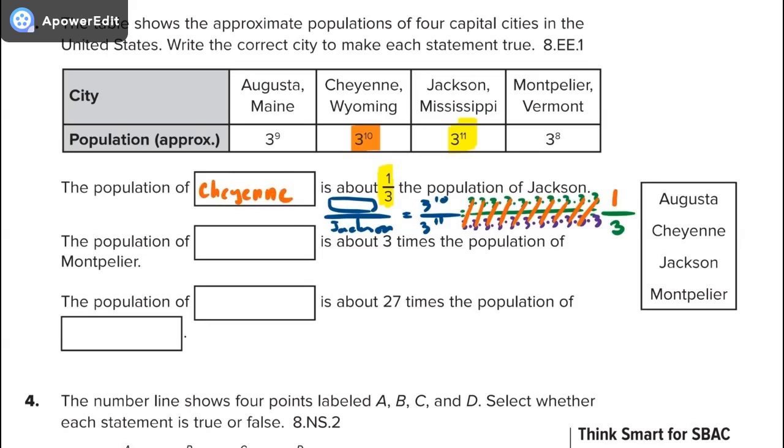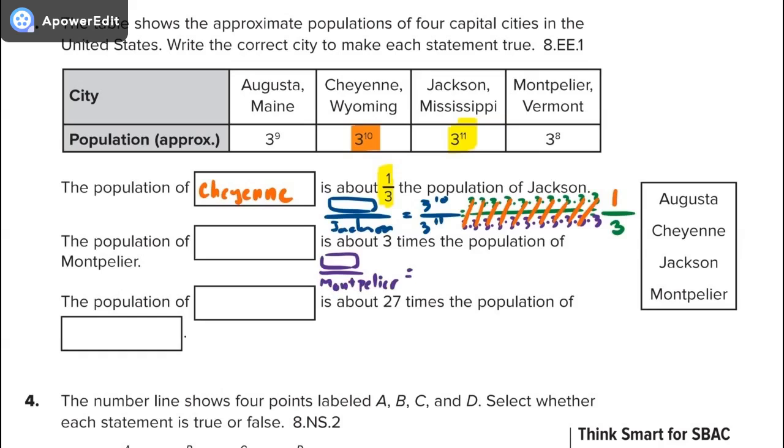Alright, number 2, the population of something is about 3 times the population of Montpelier. So it's the same idea. There's a city, population of city over the population of Montpelier.